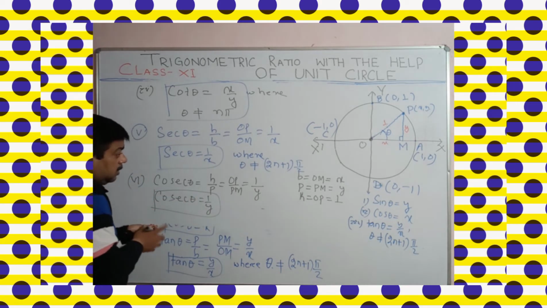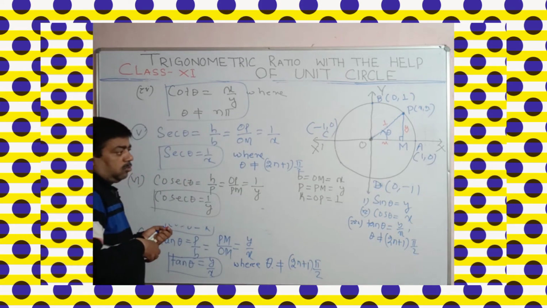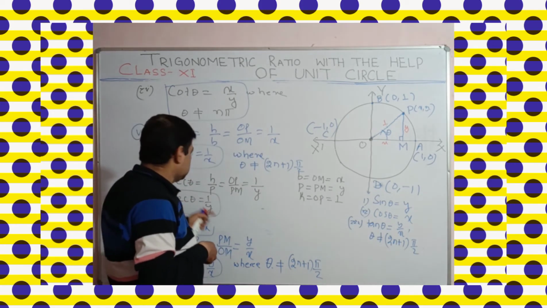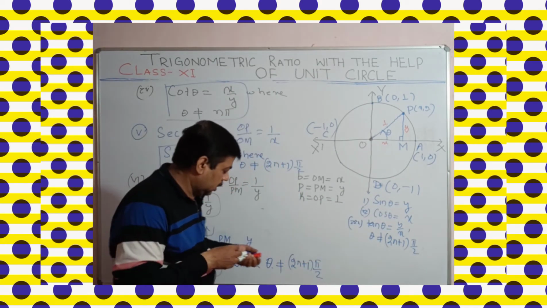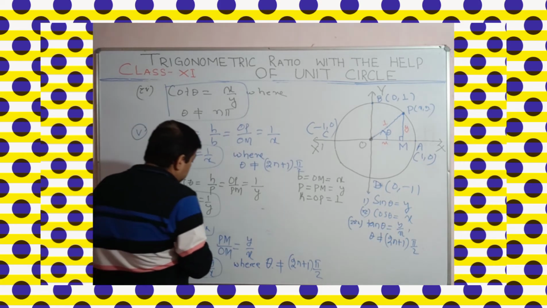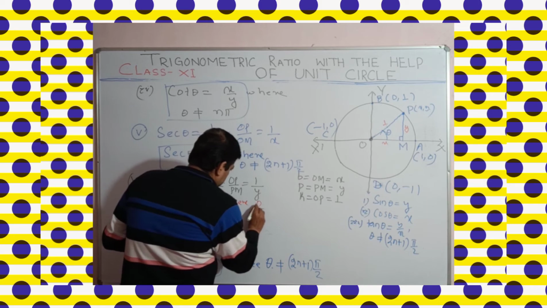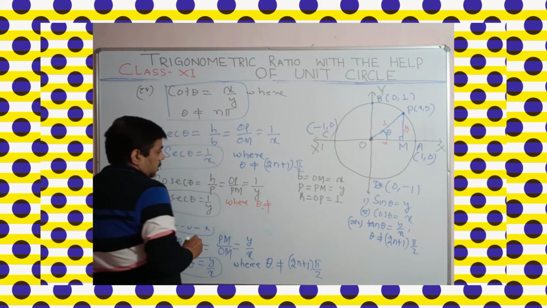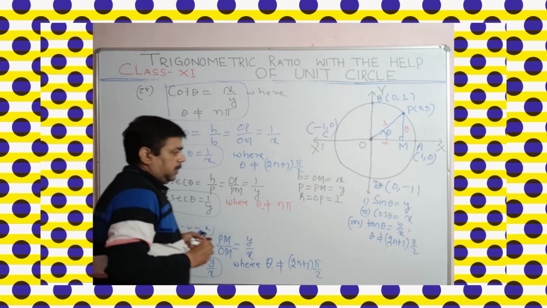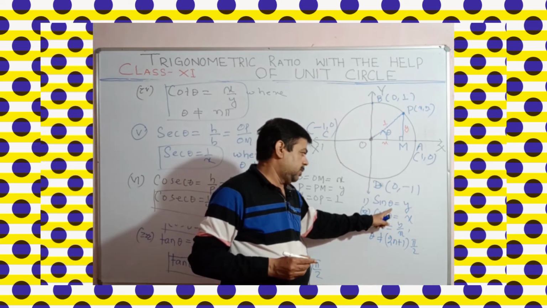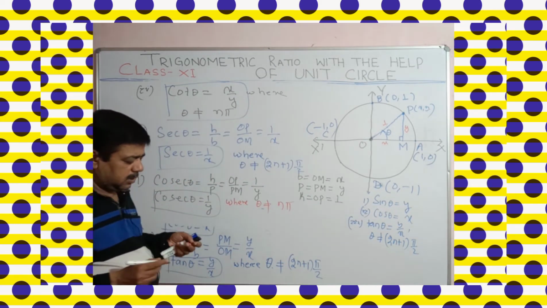Since y is equal to sin theta, y should never be 0. If y is 0, then cosec theta is not defined, and all of you know that when theta is equal to n pi, y will be 0. So the condition is that theta is not equal to n pi, because if theta is n pi, then sin theta will be 0 and y will be 0, hence cosec theta is not defined.